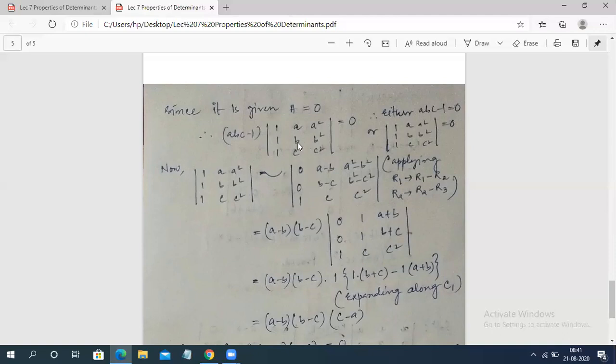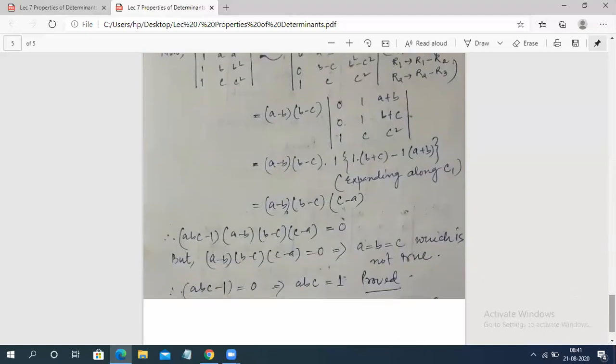The remaining terms will be 0, 1, A plus B; 0, 1, B plus C; and 1, C, C square. Now in the first row there are two 0s, so we can expand this determinant easily along C1, and we get the value A minus B, B minus C, and C minus A.